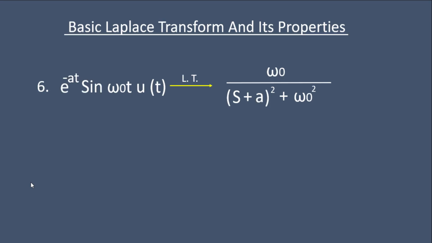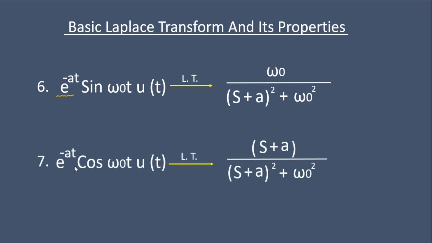So next formulas we have e raised to minus a t sine omega naught t u of t. Since there is a multiplication by an exponential signal, we will be having the shifting. So the Laplace transform of e raised to minus a t sine omega naught t u of t is omega naught upon s plus a whole bracket square plus omega naught square.